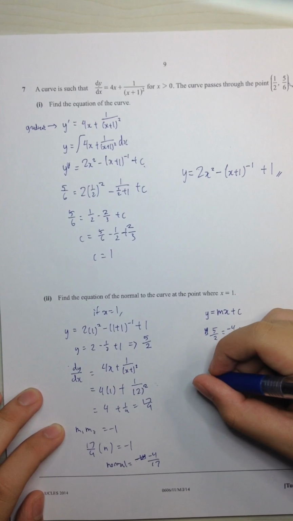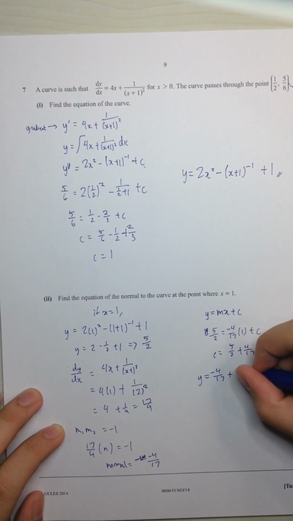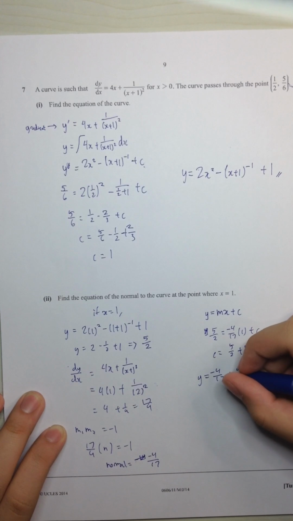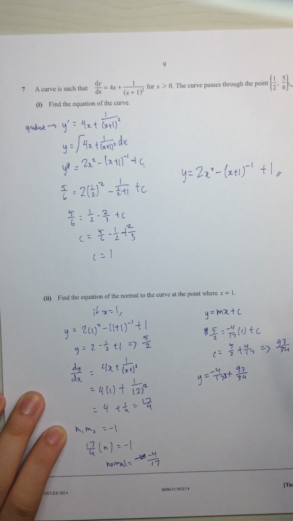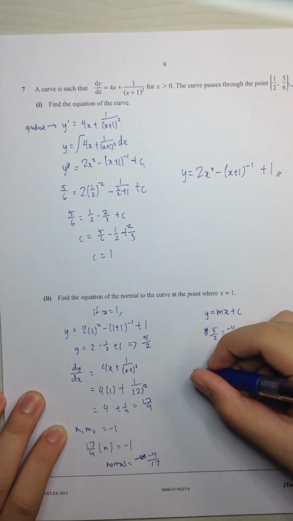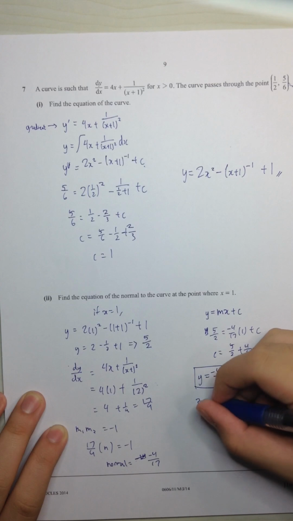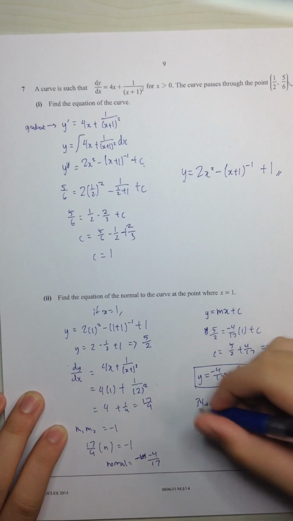So the equation of the line is y equals minus 4/17 x plus 93/34. Or you can also multiply by 34, so it becomes 34y equals minus 8x plus 93.